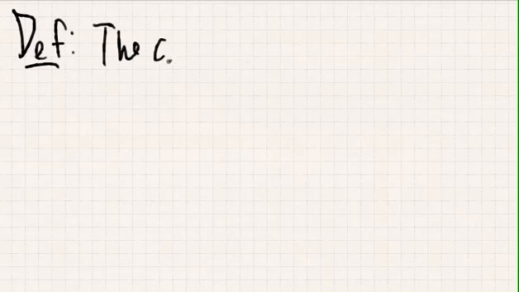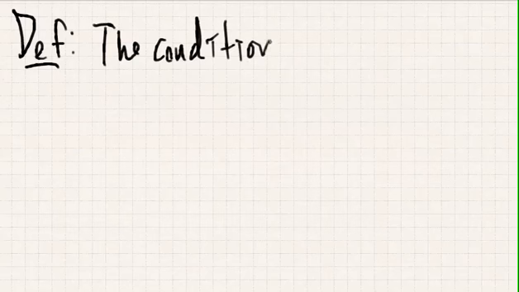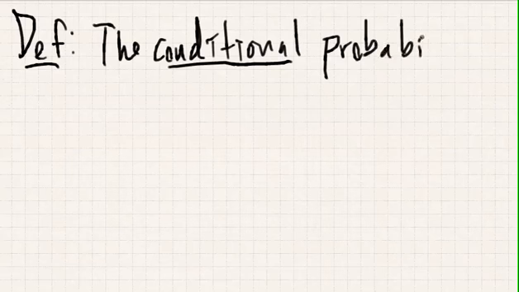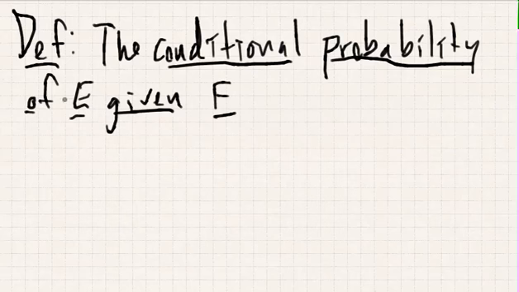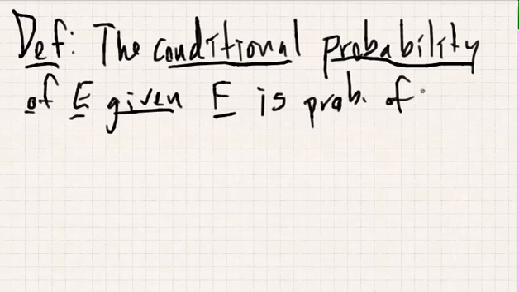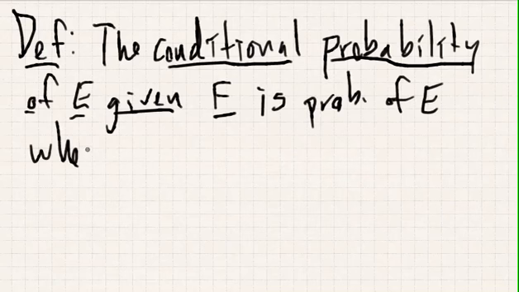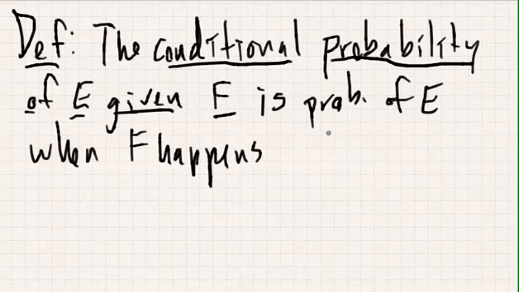The conditional probability of E given F, so of some event E given some other event F, at least intuitively, is the probability of E when F happens, or assuming that F happens.